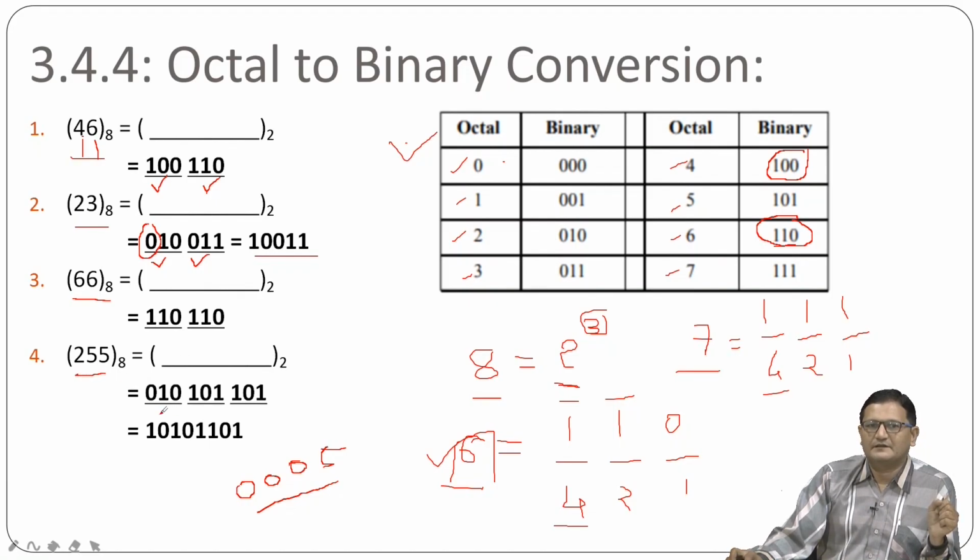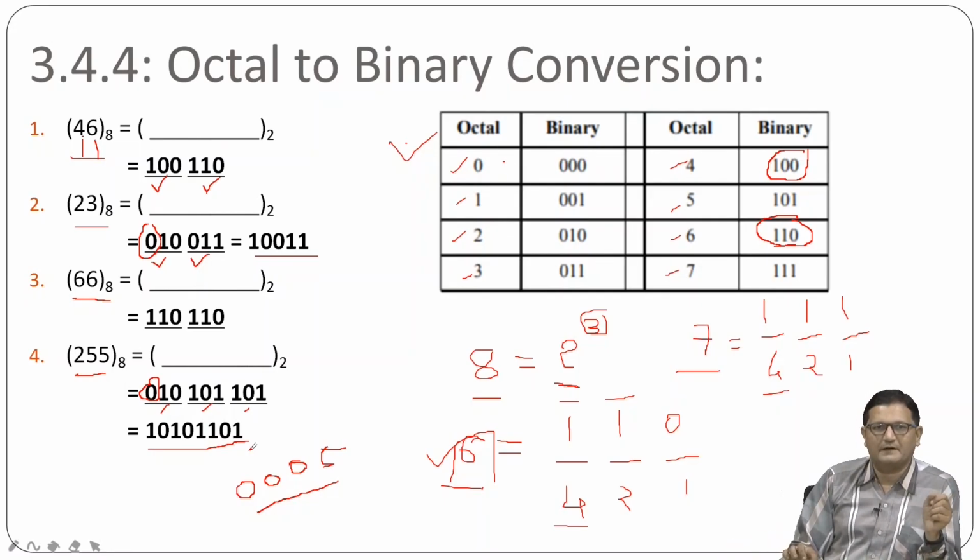Here we have written the binary of 2, and here we have written the binary of 5. Finally, we need to check the left hand side, where we have 10, so you just remove this 0, and finally what you have is 10101101, right? So that is the binary of 255.